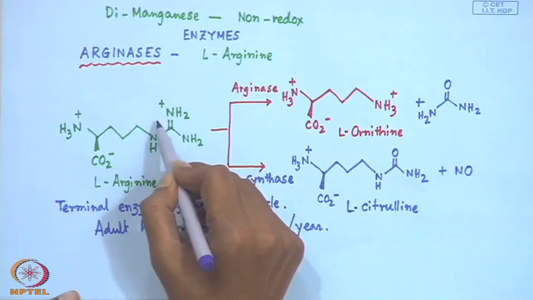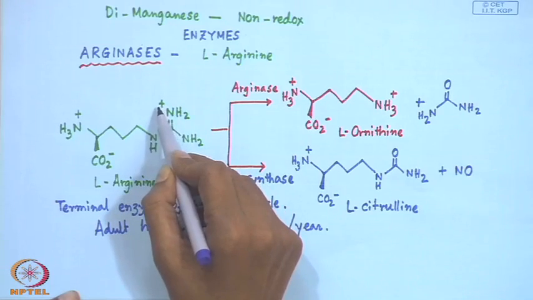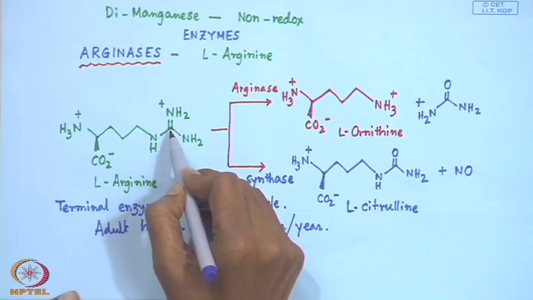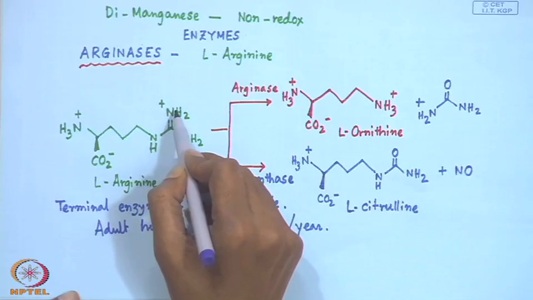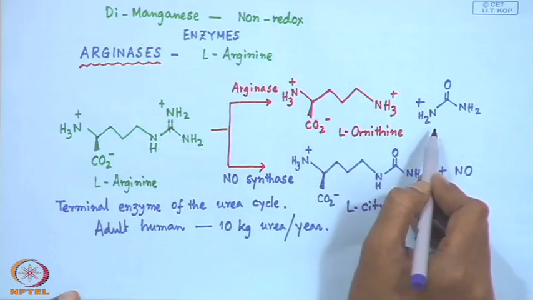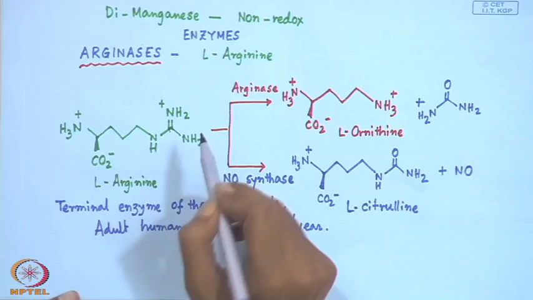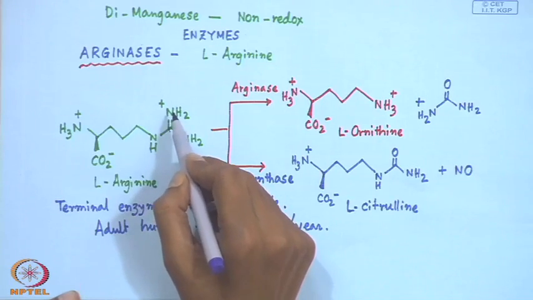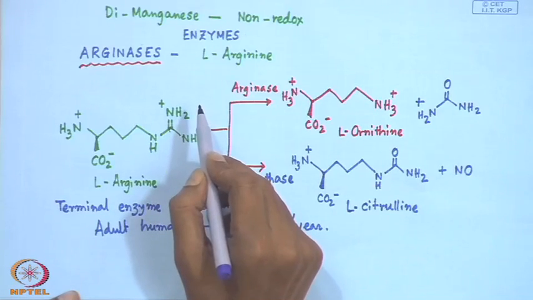In the NO synthase case, this is the carbonyl function, and when it reacts with some ammonia molecule, it also gives the imine function, double bond NH, and that NH, instead of attacking this particular carbon, if the nitrogen is attacked by this hydroxo function, you will get double bond NOH, the oxime function.